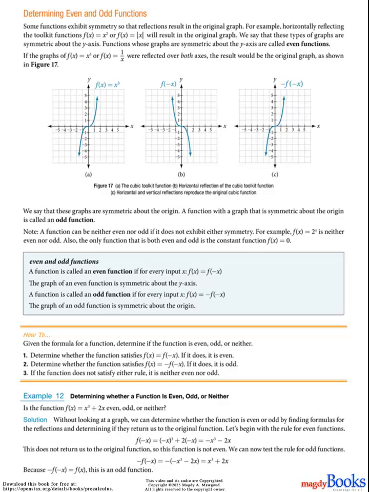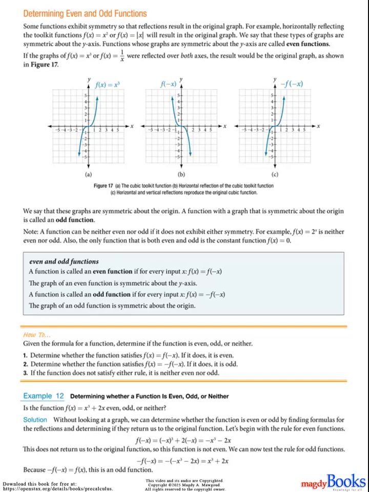Let's begin with the rule for even functions. f(-x) = (-x) cubed + 2(-x) = -x cubed - 2x. This does not return us to the original function, so this function is not even.